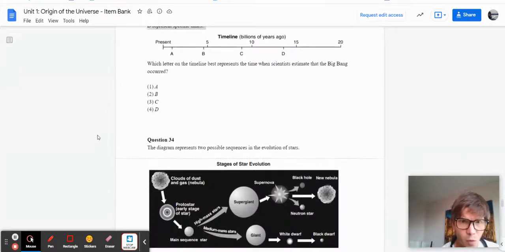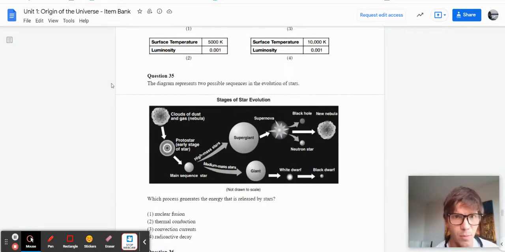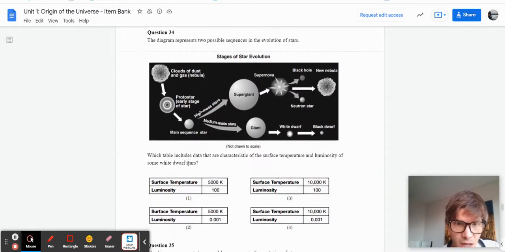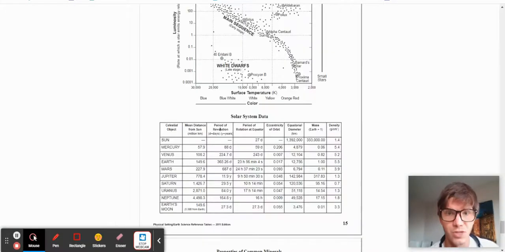Continue to 34, probably have time for a couple more of these. Here we go. We see the evolution of stars. Which table includes data that are characteristic of the surface temperature and luminosity of some white dwarf stars?